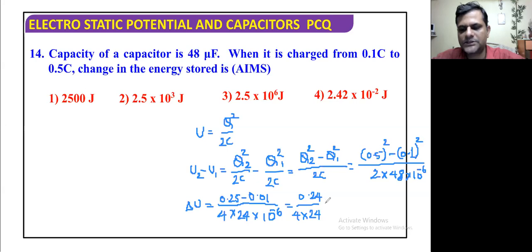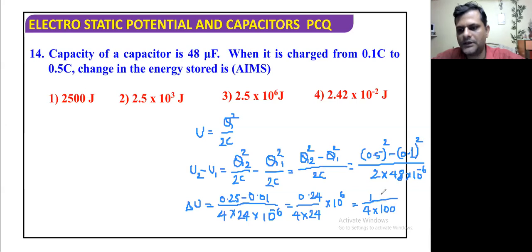And this 10 raised to minus 6 will go in the numerator and becomes 10 raised to plus 6, so that this 0.24 and 24 get cancelled, leaving behind 100 in the denominator, so that in the next step we get 1 upon 4 into 100.